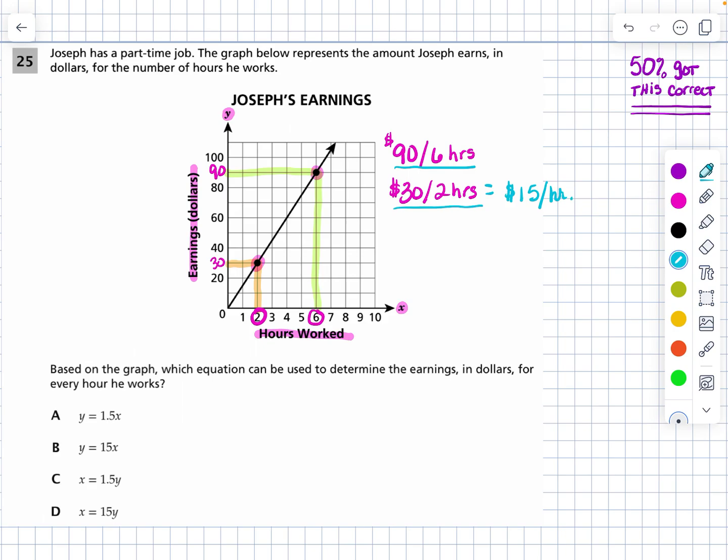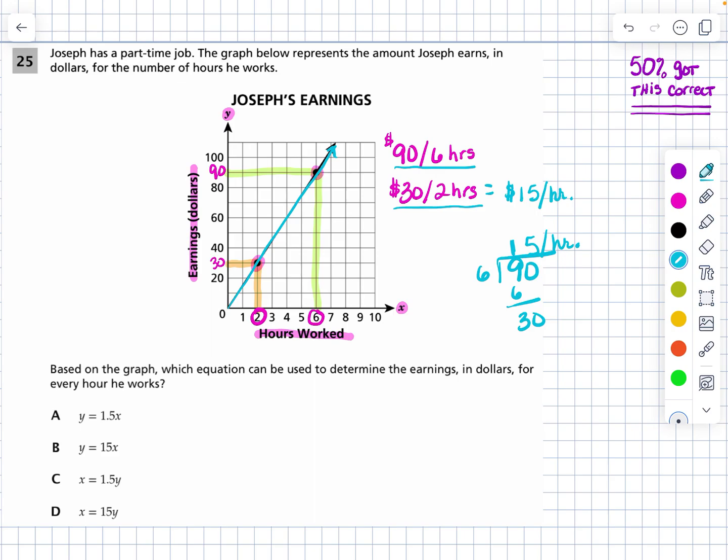Okay, and this one, 90 divided by 6, and you get, drum roll, 6 goes into 90 15 times. Again, you get $15 per hour. Okay, which makes sense. This line is linear. It doesn't have any curve to it, so it makes sense that no matter what number of hours they work, they're making the same amount of pay.